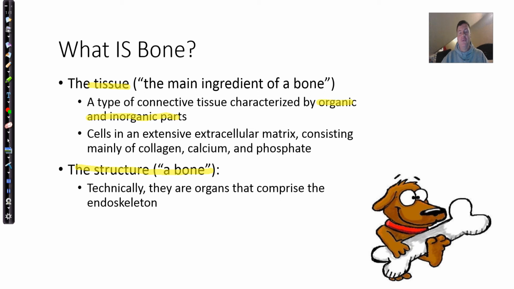Technically, your humerus or your radius or your ulna are organs, because they consist of more than just bone tissue. They also have vascular tissue and nervous tissue. I just give you this to make you think about bone in two different perspectives: bone, the tissue, and bone, the organ, or the structure.